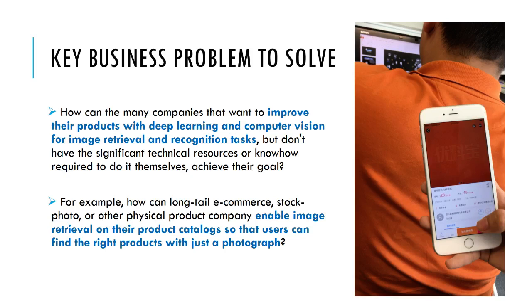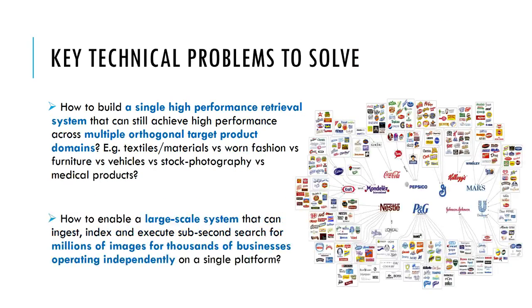So what you just saw here, in fact, from this demo is actually one of our customers using our service. This is actually our application at an API level that they're leveraging, and we'll look a little bit more into that. So what are some of the key technical problems to solve when we're considering the real-world application?